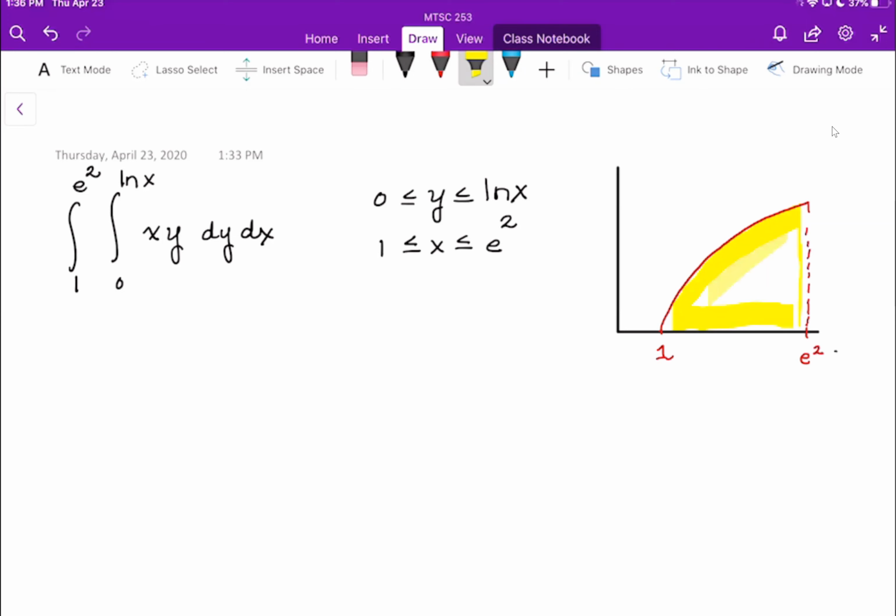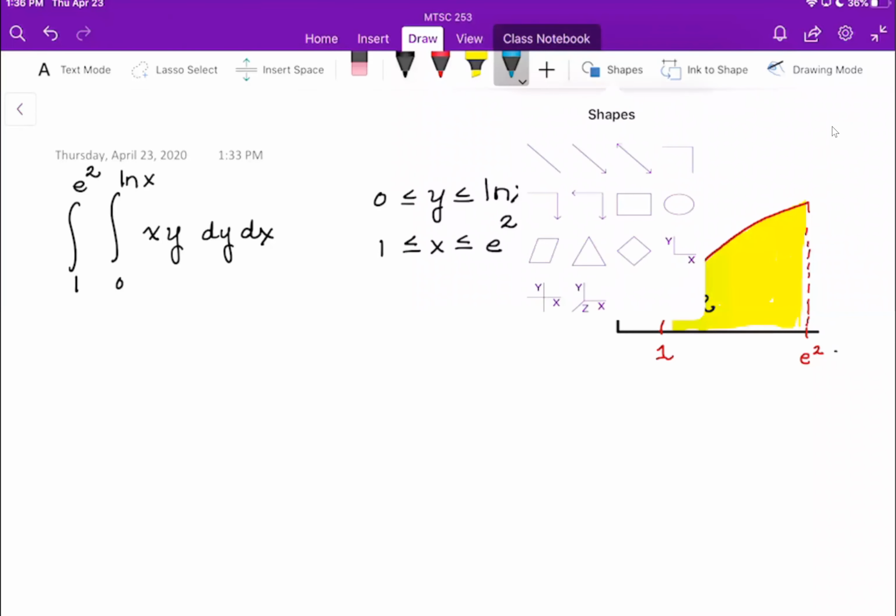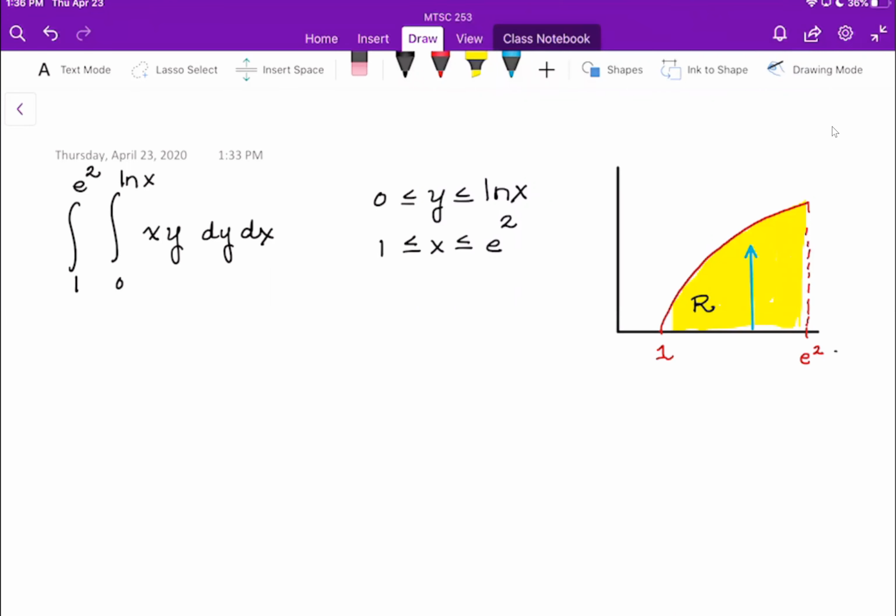So this is the region R in the XY plane. As you can see, y starts off at 0, goes all the way to the log of x, and then x sweeps from 1 to e squared. So this is what the picture would look like.